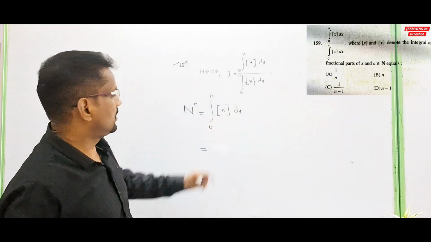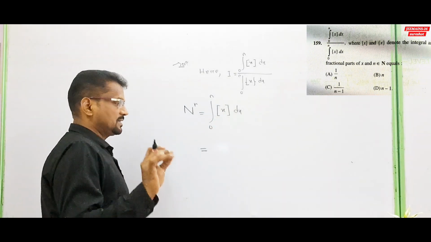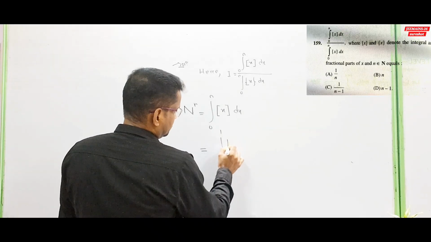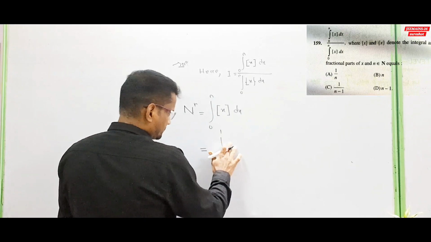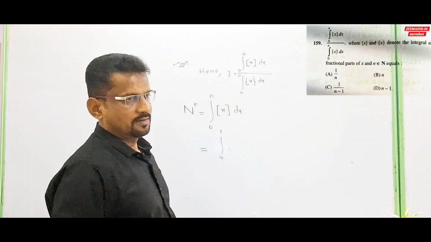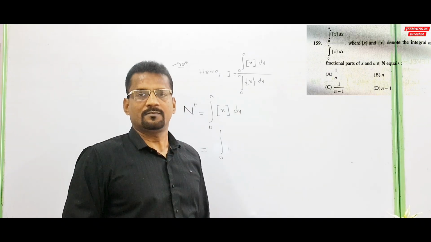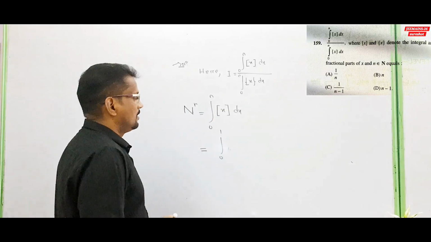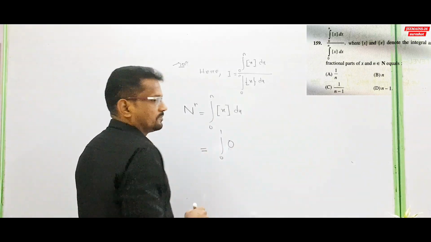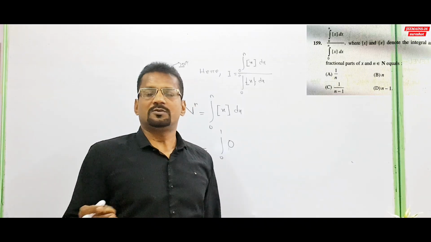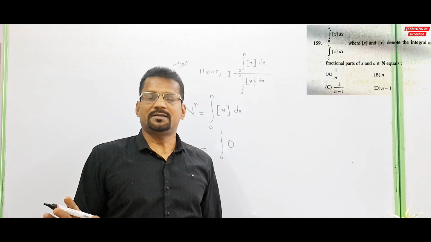So it can be expanded like this: 0 to 1, where you are taking the value of x between 0 and 1. Then it will be just 0. Between 0 and 1, what type of numbers come? 0.1, 0.2, 0.9, like that.